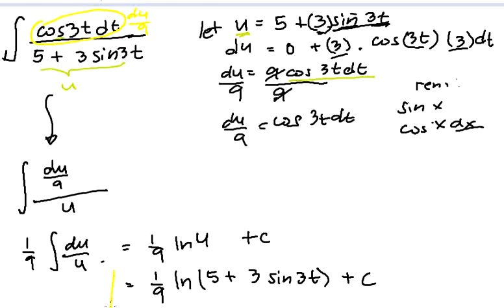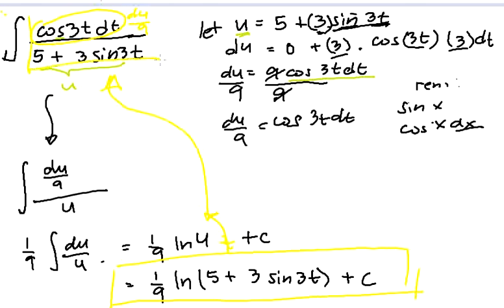Okay, so this is now our final answer. The integral of this integrand is this one: 1 over 9 ln of 5 plus 3 sine 3t plus c.